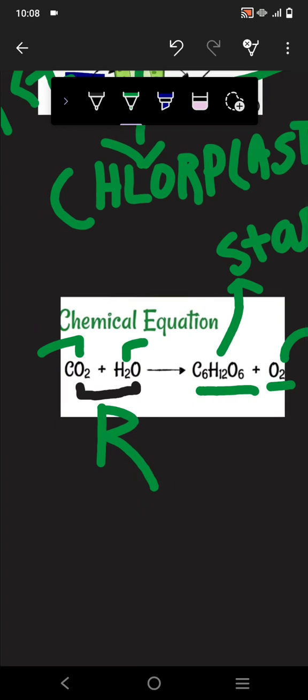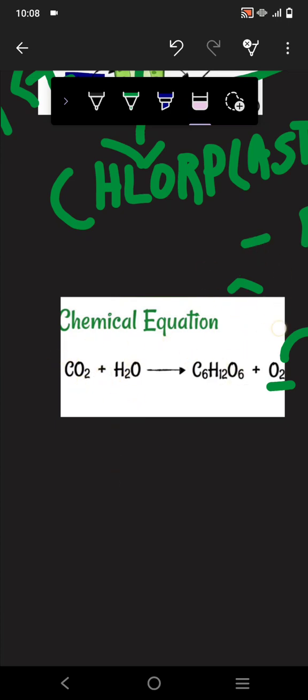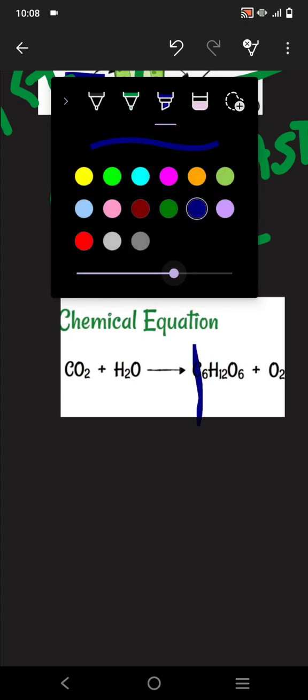Now, the equation is not balanced over here, so what we are going to do is add numbers to balance it. Glucose contains 6 carbons, but here carbon is 1.